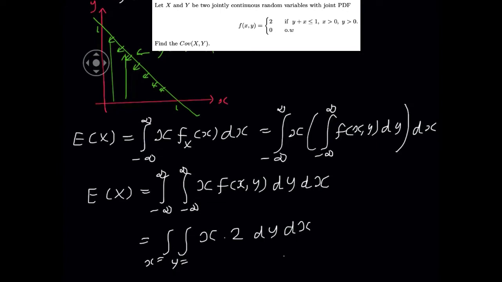So the limit of y is from 0 to 1 minus x. And x goes from 0 to here, minimum value 0 and maximum value 1.